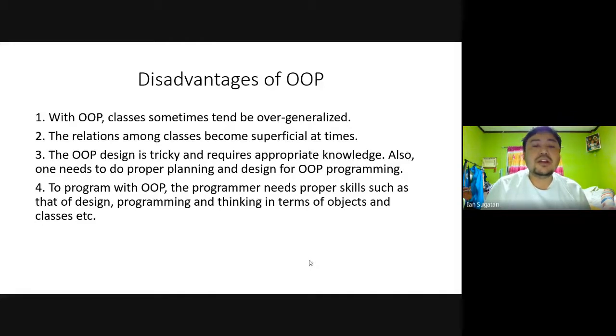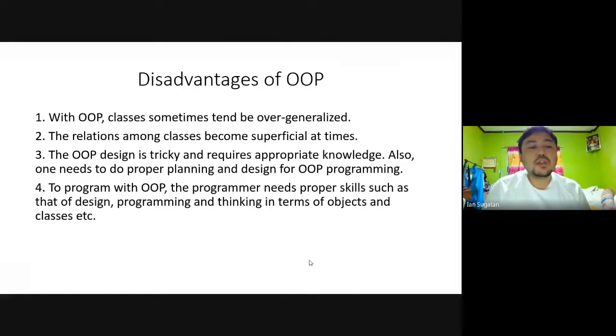So this is an inheritance hierarchy. Now, that will be our basis for inheritance programming. But with OOP, the classes sometimes tend to be overgeneralized just because of certain conditions being met within the program structure. However, if you overgeneralize it, you will have a hard time running the program. So don't do it.